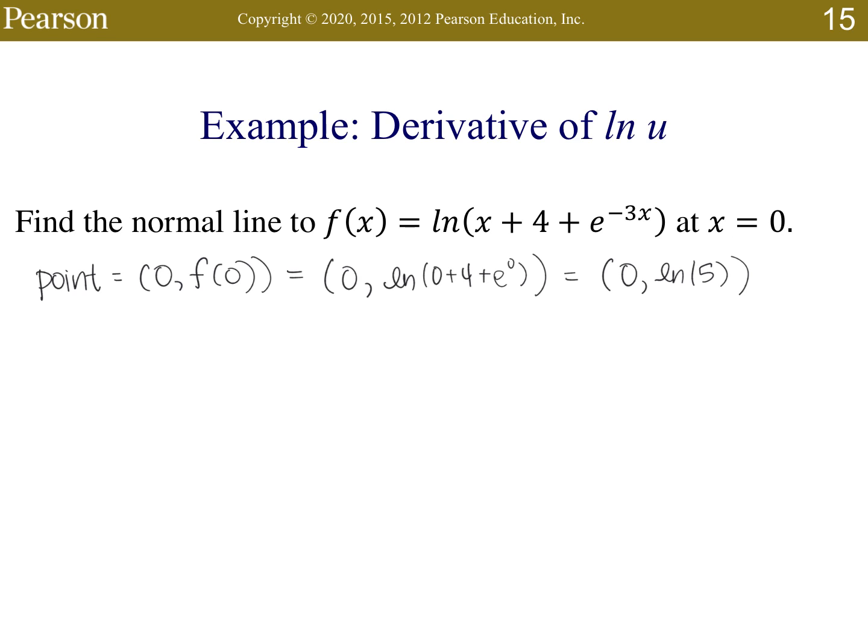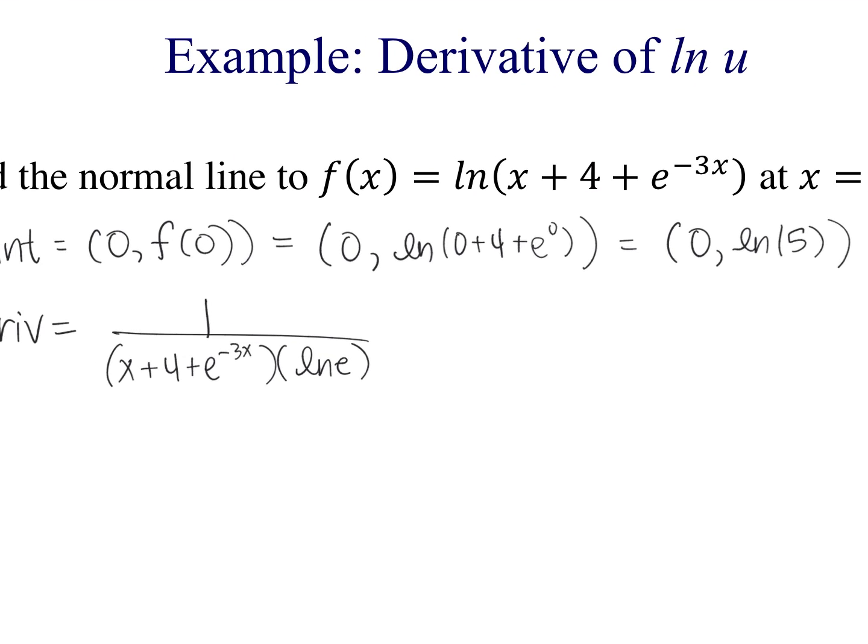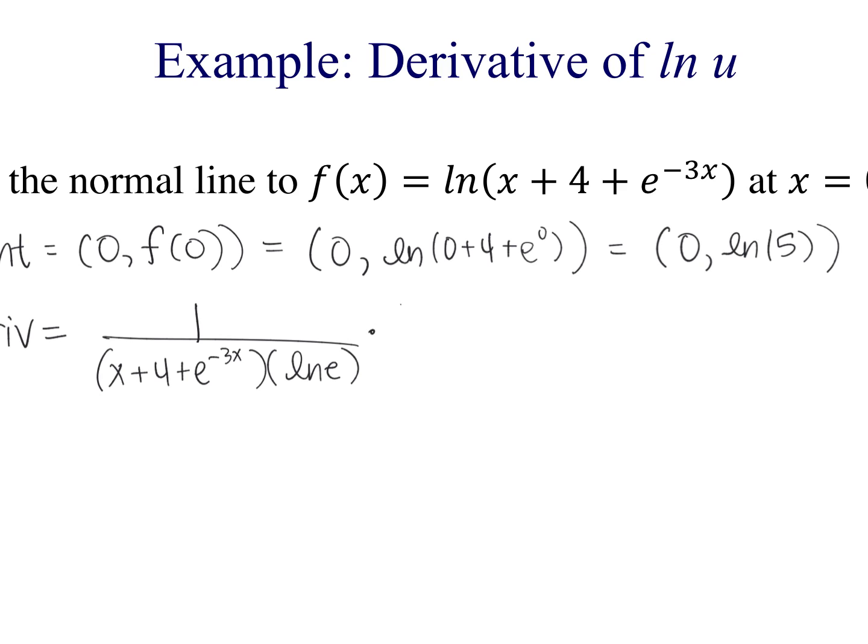Then I want to find my derivative. Because this is a logarithm, my derivative will have 3 parts. My first part will be x plus 4 plus e to the negative 3x. My second part will be linear. And my third part is going to be the derivative of the parentheses.